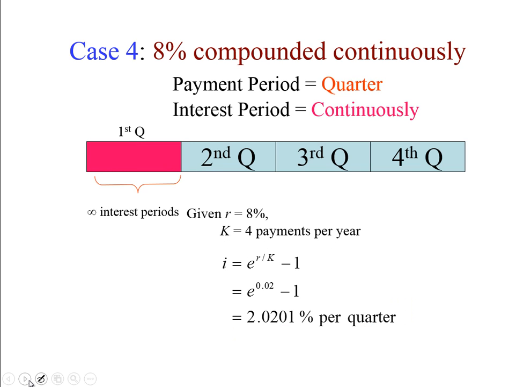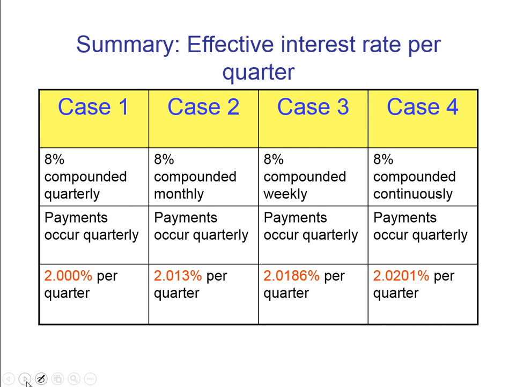What if we have infinite interest periods? In this case, we use the exponent with R equal to 8% and K equal to 4. So it will be e to the power 0.02 minus 1, and that will be 2.0201% per quarter. And those are the four cases as you see in the table.